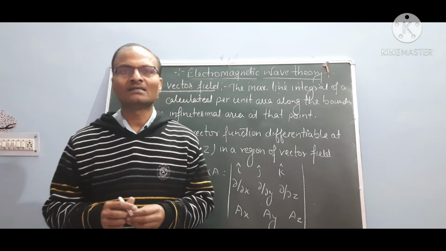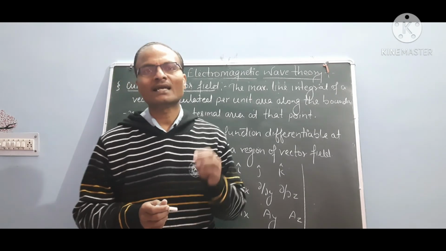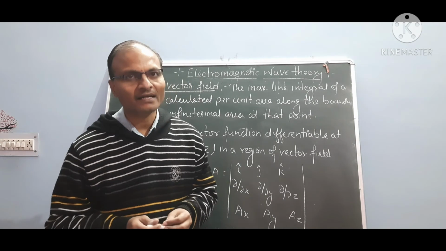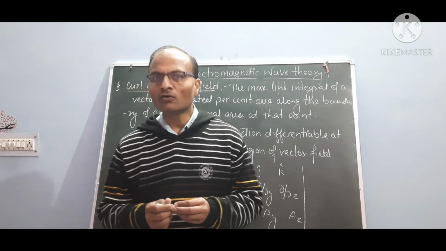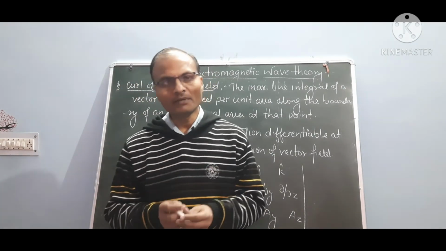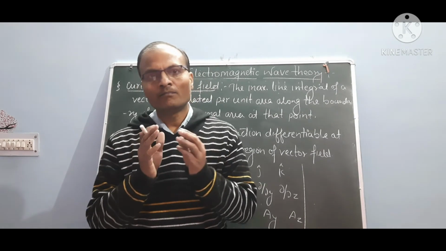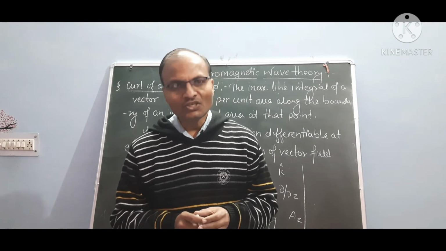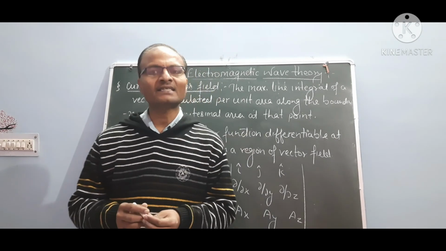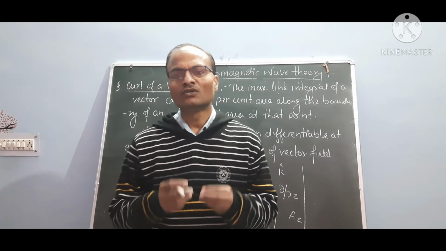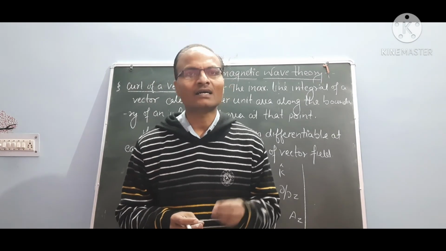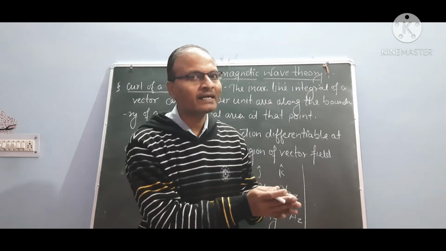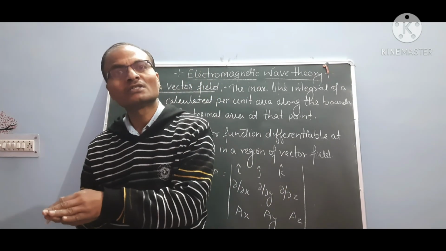And second one, Stokes theorem: the line integral of the tangential component of a vector A around a closed path forming the periphery of a surface S is equal to the surface integral of the normal component of vector curl A over the surface S. So, line integral is converted to surface integral.